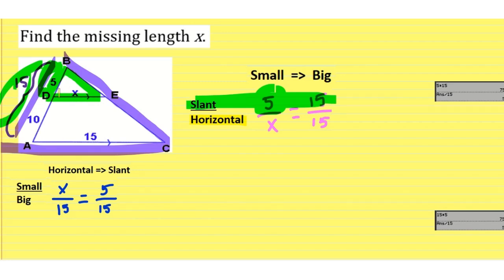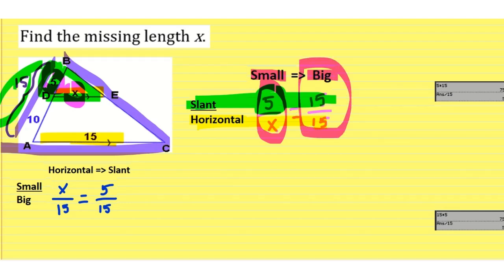So we're going to compare the x to the 15. So all the numerators are slanted sides, and all the denominators are horizontal sides. And then from the top, we can see that we're talking about the small triangle. All these numbers, 5 and x, have to do with the small triangle, and these are the big triangle numbers, 15 and 15.